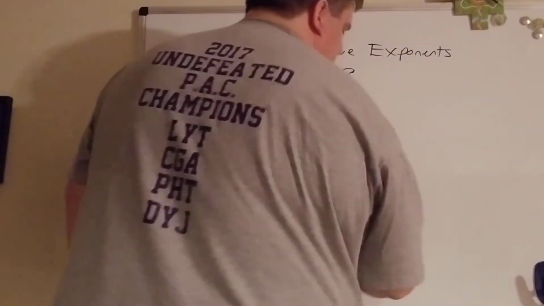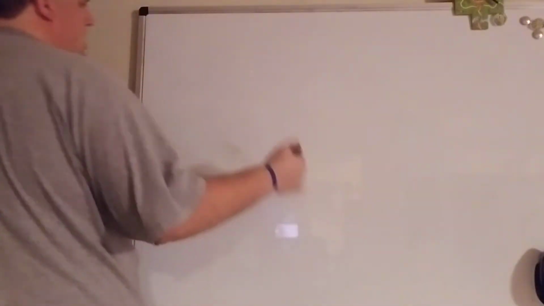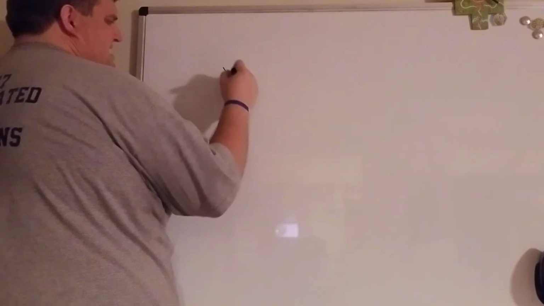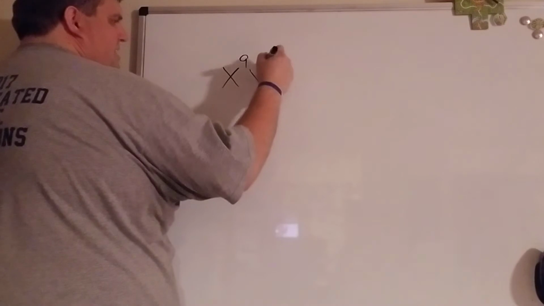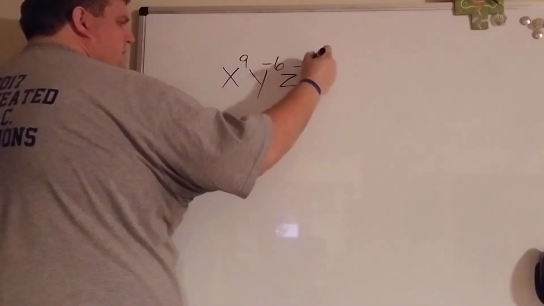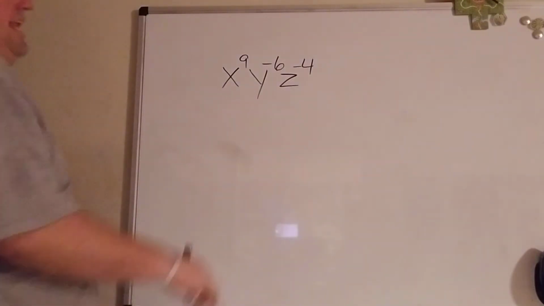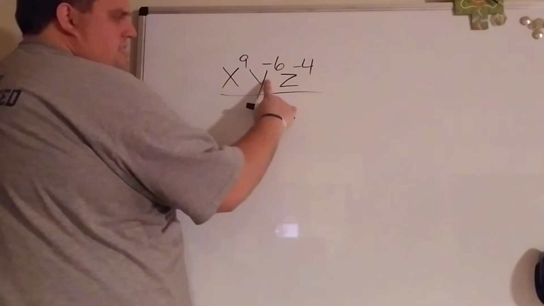So let me do some that you will see that maybe would fool you a bit. Let's say you had x to the 9th, y to the negative 6th, z to the negative 4th, right? If I want to simplify this, again, x is fine where it's at, but I need to think of it as a fraction.